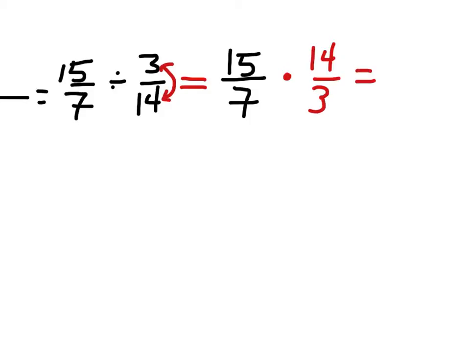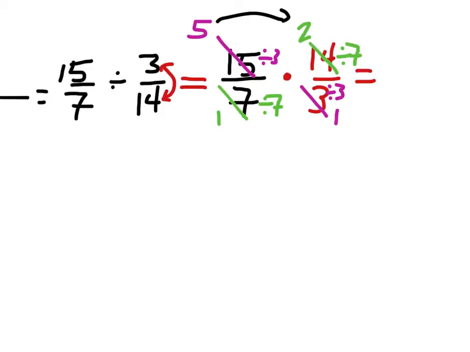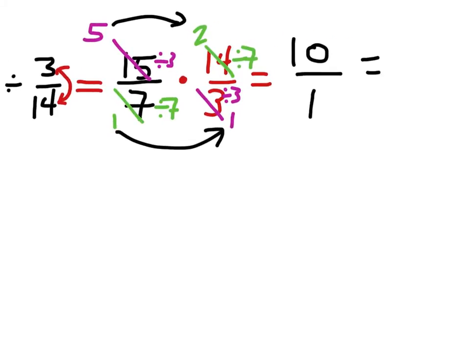You can cross simplify: the 15 and the 3 are divided by 3, giving 5 and 1, and the 14 and the 7 are divided by 7, giving 2 and 1. Finally, 5 times 2 is 10, over 1 times 1 is 1. So the answer is 10.